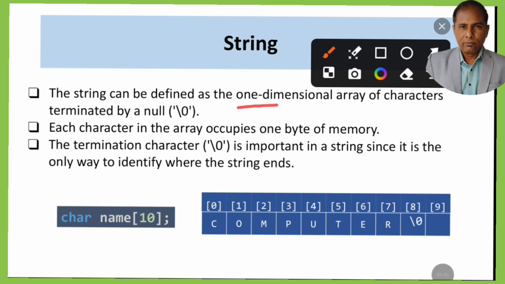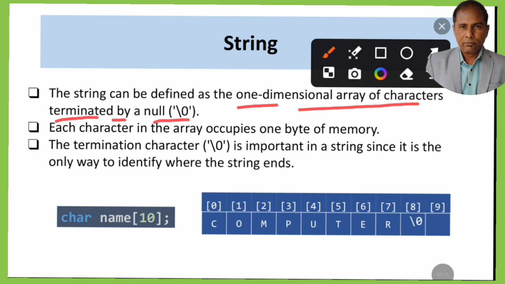A string is defined as a one dimensional array of characters. So it is an array of characters. Where is the string terminated? A string is terminated by the null character. How will we know that this is the end of the string? If the termination character \0 is there, then it is the end of the string.